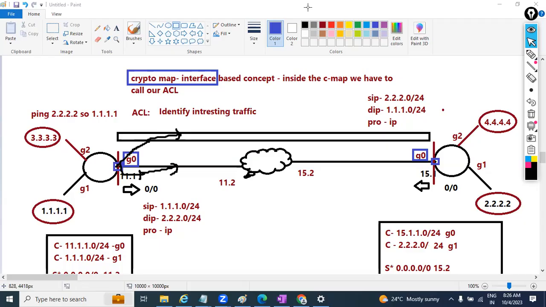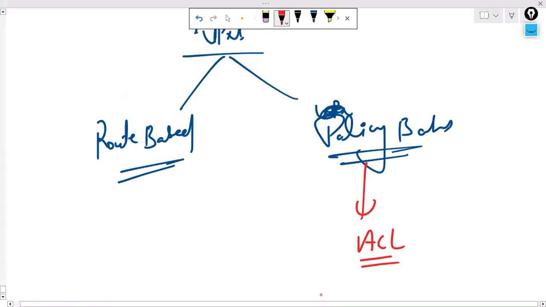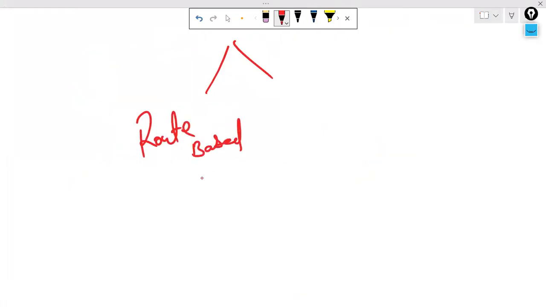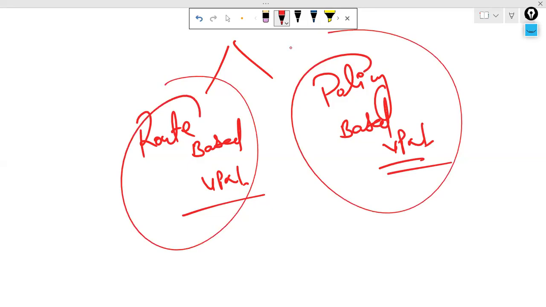The whole VPN concept is dependent on these two things: one is route-based VPN, and then we have policy-based. These are the two categories. So there are two possibilities in VPNs whenever we configure. Maybe we are using the routing table, or another option is we are using ACLs. That's it. Based on this concept only, your devices would decide.